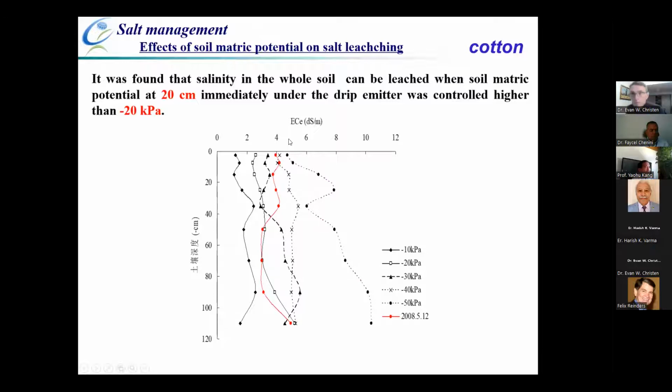This is the beginning, the red line, and this line is minus 20 kPa. You see, at the beginning and after harvesting, there is no salt accumulation in the soil.